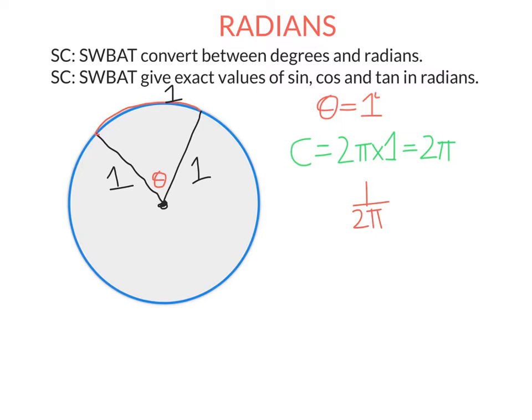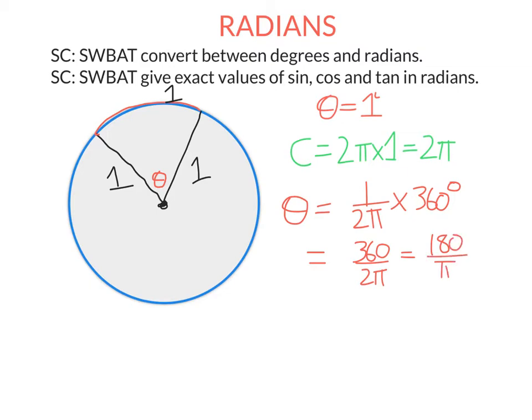So this angle here, theta, in terms of degrees, will be 1 over 2 pi times 360 degrees, because 360 is a full circle. The whole angle is 360, and this is about 1/6 of it. So we can simplify this as 360 over 2 pi, or 180 over pi.